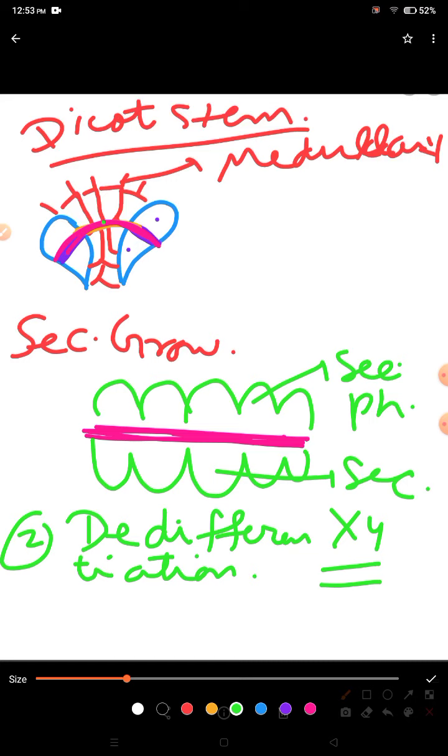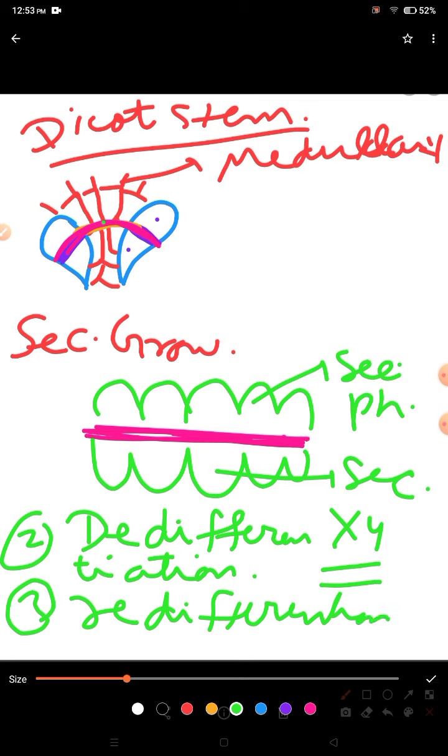This process is known as de-differentiation. After some time, this de-differentiated cell again loses the power to divide and becomes mature to perform specific function. This phenomenon is known as redifferentiation.